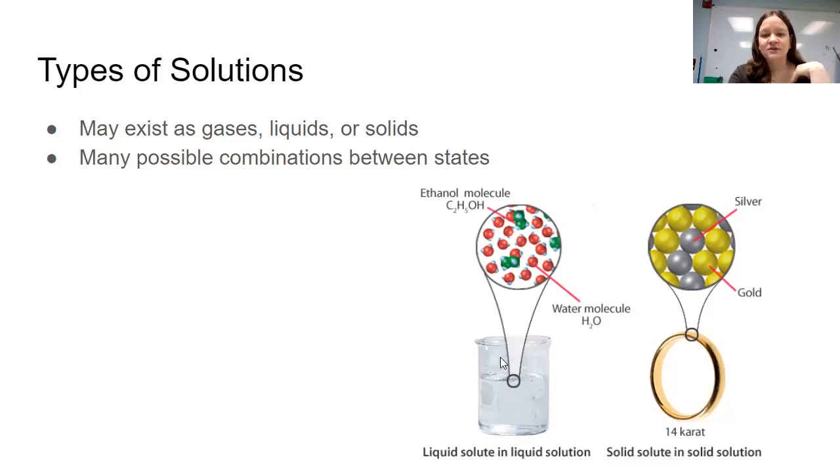Another example of a liquid solution is ethanol. This is a liquid solute in a liquid solvent. You've mixed ethanol, which is ethyl alcohol, and basically just diluted it with water. But you can have solid solutions as well. For instance, 14 karat gold is a mixture, or a solution, of silver and gold particles.